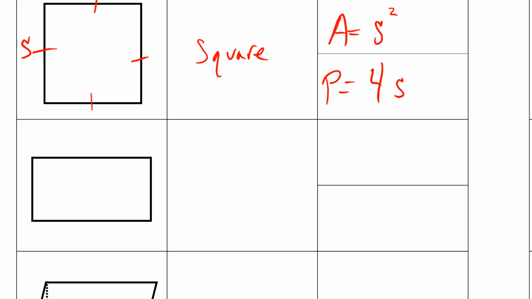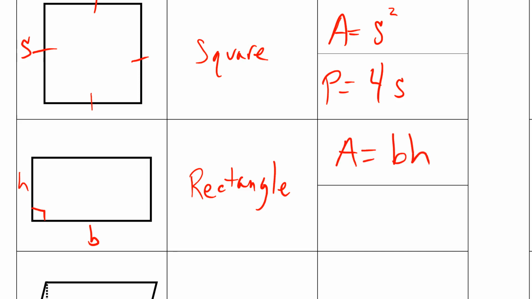My next shape is going to be a rectangle. What I know about my rectangle is that my height has to be perpendicular to my base. And I also know that my area formula for my rectangle is just base times height.